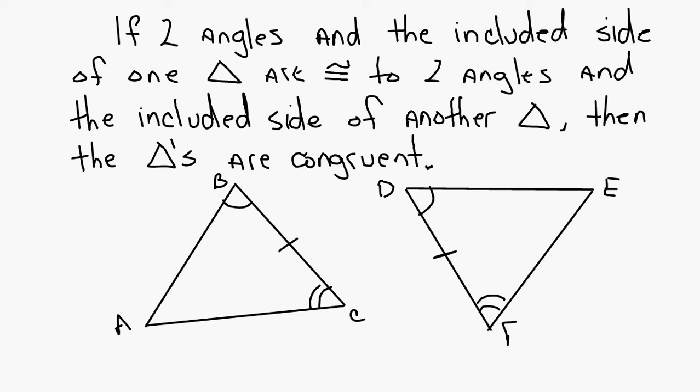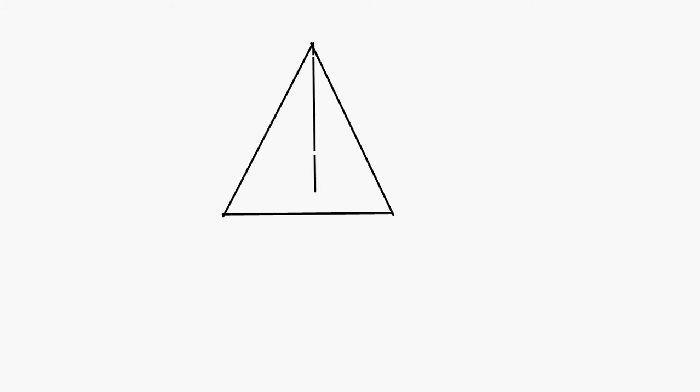Page 262. So let's look at that. All right, look at example 2 on 261 first. There's two triangles, UVWX, and here's the information that you're given.